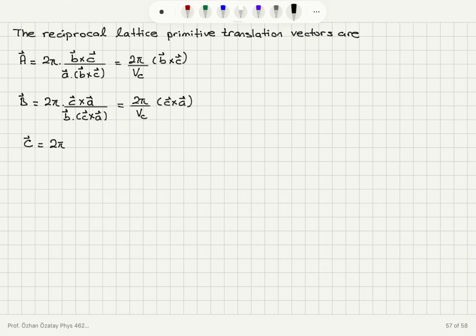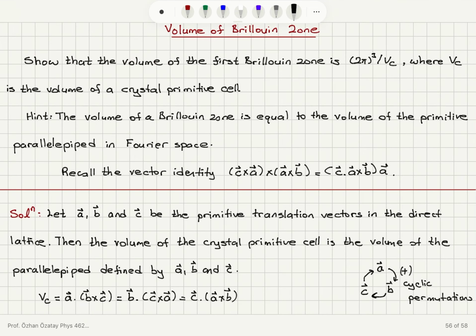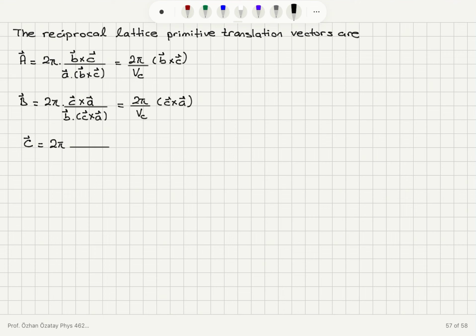This will be 2 pi. And following the cyclic permutations, after C cross A comes A cross B. So 2 pi A cross B divided by C dot A cross B. And this is going to be 2 pi divided by the volume of the primitive cell, Vc, A cross B.